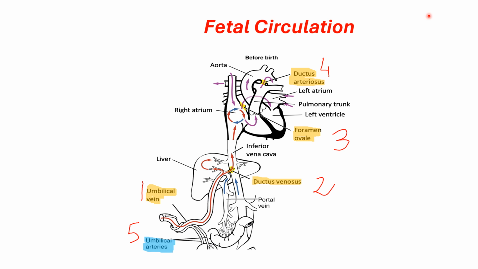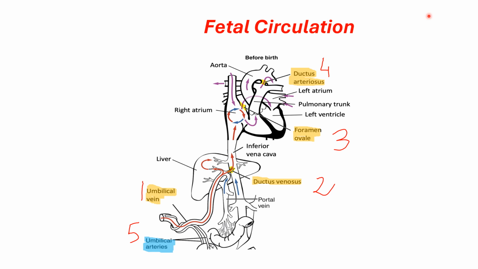At birth, there are several clinical changes that occur. The baby takes the first breath, and this causes the lungs to expand, which in turn causes a drop in pulmonary resistance. There is increased blood flow to the lungs. Therefore, there will be more return to the left atrium.